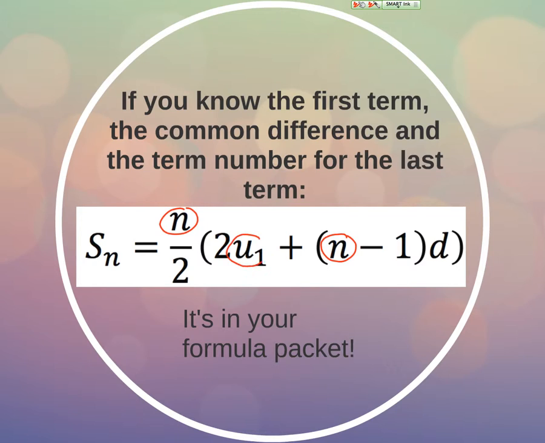You would plug in your first term, and you would plug in your common difference. If I know those three things, I usually just use this one. Yes, I could do some extra work and use the short formula if I wanted to. But if I have those three things, I usually go right to this formula.